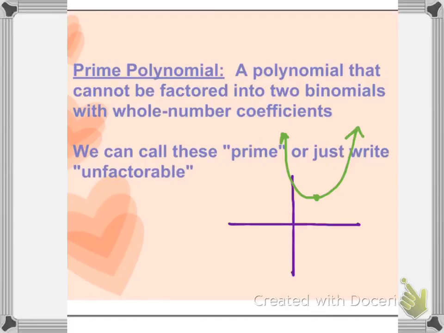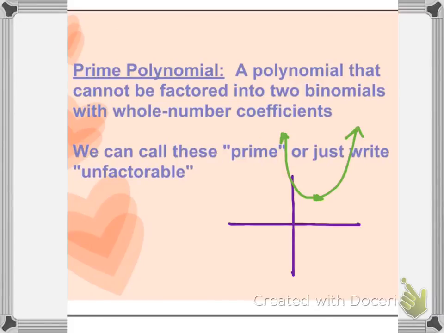There is a parabola and it exists, but the lowest point on that parabola is this vertex down here, and that doesn't have a place where it's going to cross the x-axis, because the lowest point is above the x-axis and the entire graph goes up from there.